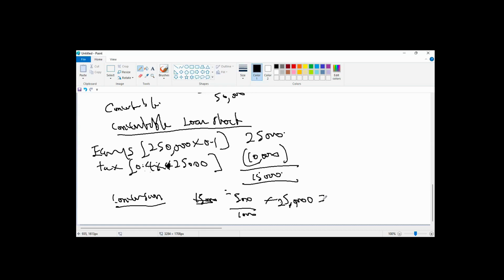How much is the shares? On the basis of 500 shares for each 1,000 naira of loan, 500 over 1,000 times 250. That is 125.